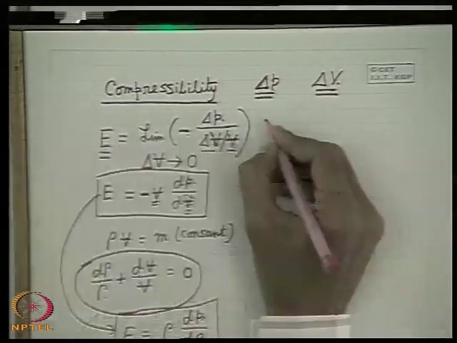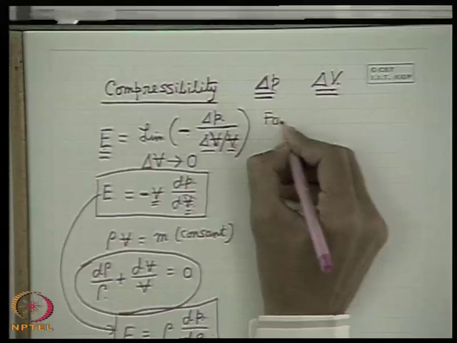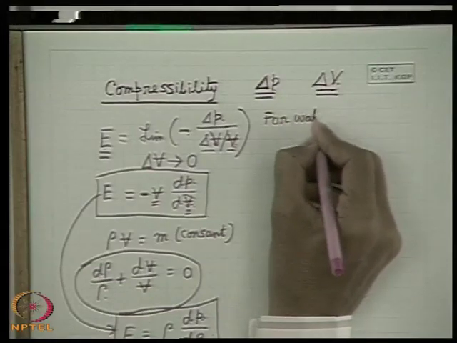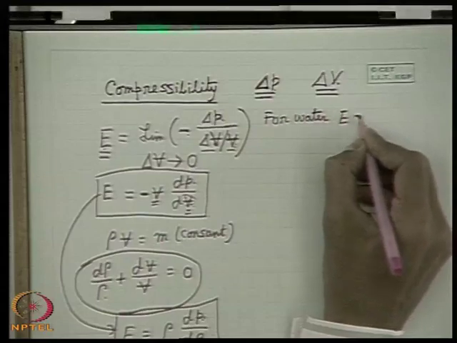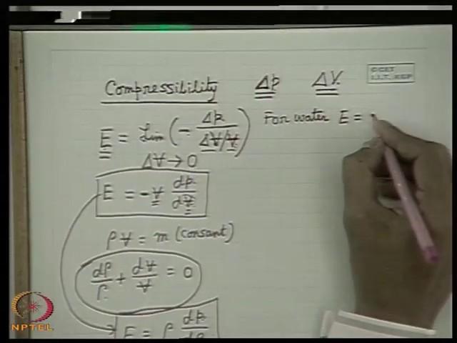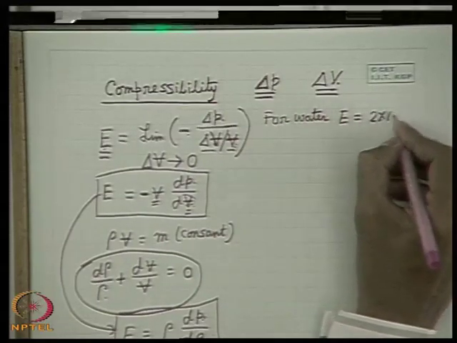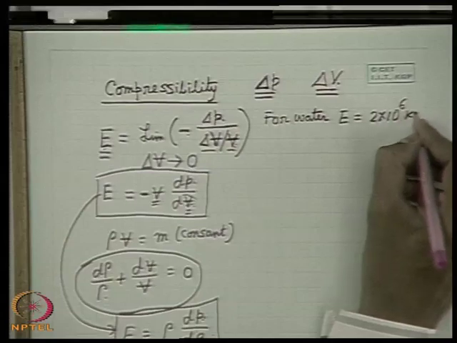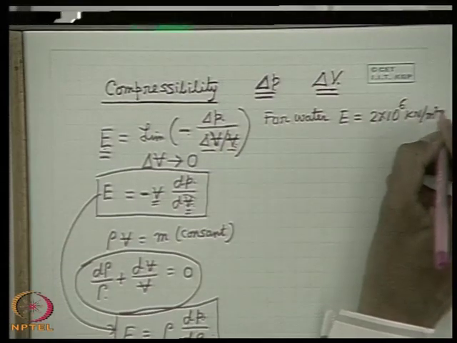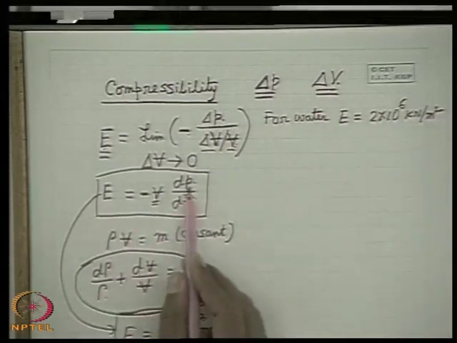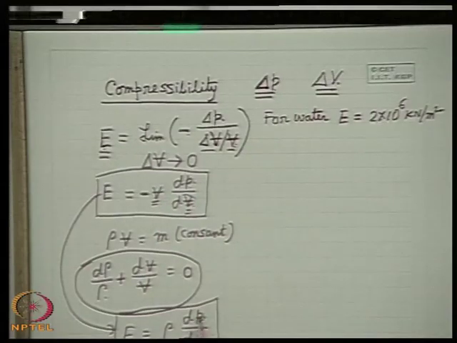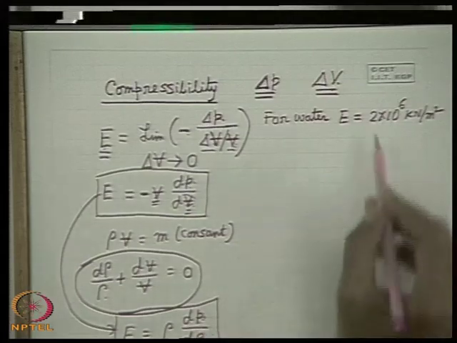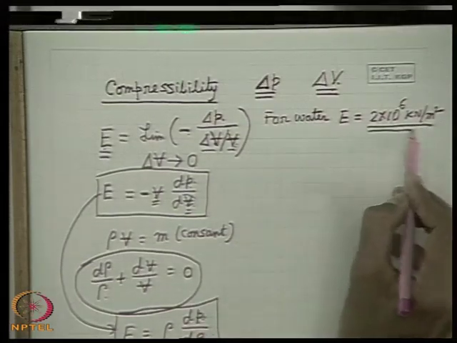An example I give for water: the value of E, which is almost constant with pressure and temperature, is 2 into 10 to the power 6 kilonewton per meter square. The unit of E is the unit of pressure, because dV by V cancels. Here also you see rho dP by d rho, so the unit is that of pressure. So this is the value of E for water.